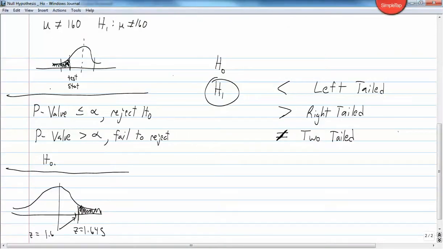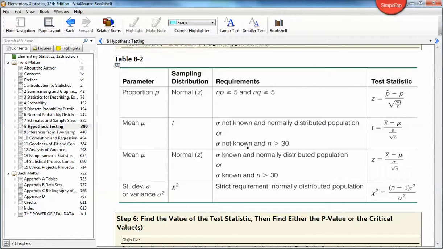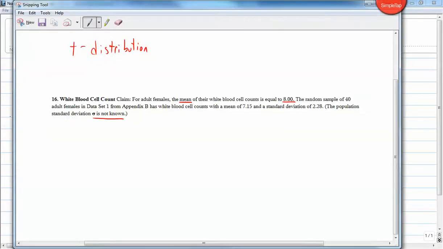Okay, so this is for problem number 16, t equals x bar minus mu over s divided by the square root of n.